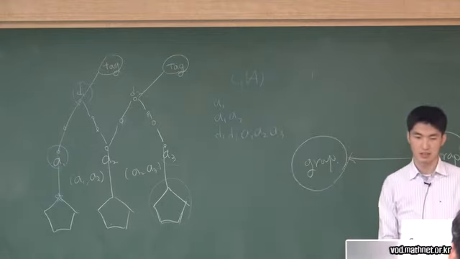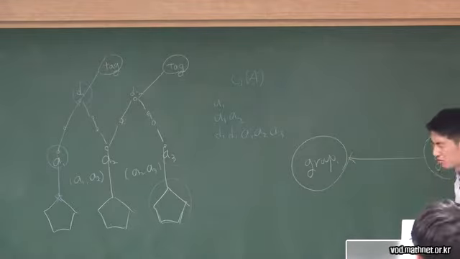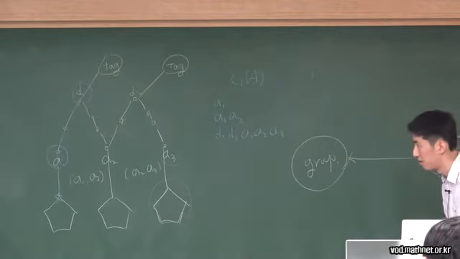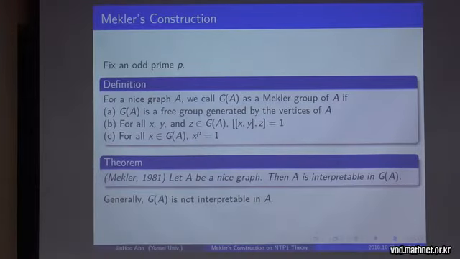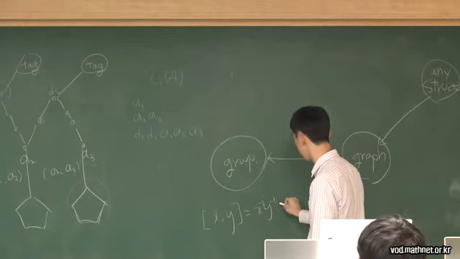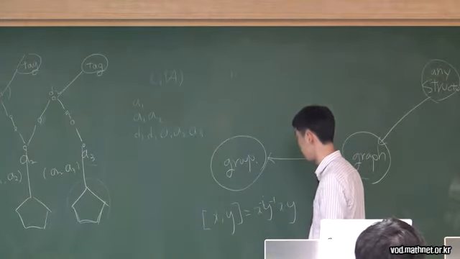Anyway, you generate this GA, and then you impose some special rules. The first rule is that for X, Y, and Z, the commutator of X, Y, and then another commutator with Z, is 1. If you learned algebra, you will remember that the commutator of X and Y is X inverse Y inverse XY.